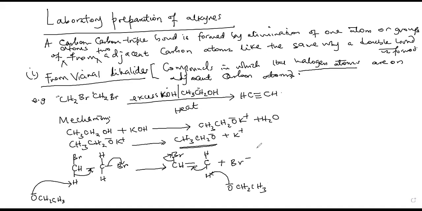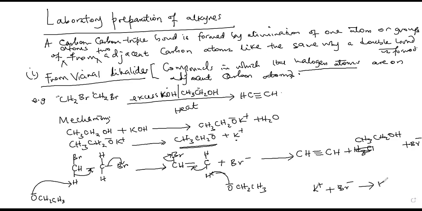So this will lead to the formation of CH triple bond CH, plus ethanol, CH3CH2OH, plus this bromine which has been cleaved. Now, the potassium which did not react will react with the bromide ion to form potassium bromide.